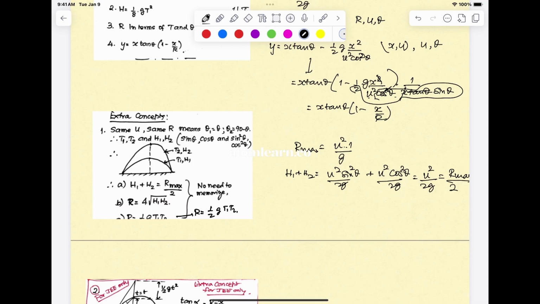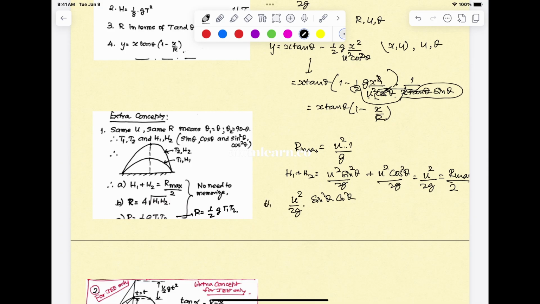Then you go to part B of the extra concept, which is range r equal to 4 times root of h1 h2. Now you can do the same combination, instead of h1 plus h2 as the first formula, we are taking h1 into h2, that is the product. What is the product coming to? u squared by 2g, whole squared, times sin squared theta into cos squared theta.